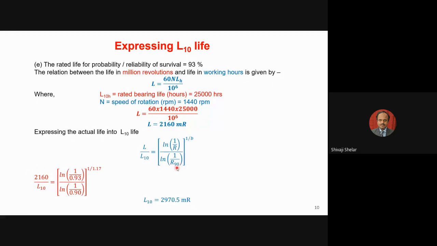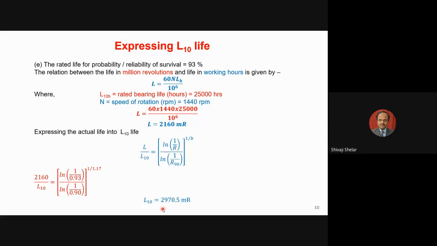Then R90 is 0.9, which is put here, and we can find L10 required here. Now L10 required here will be 2970.5 million revolutions. So this much rated life is required for a bearing.